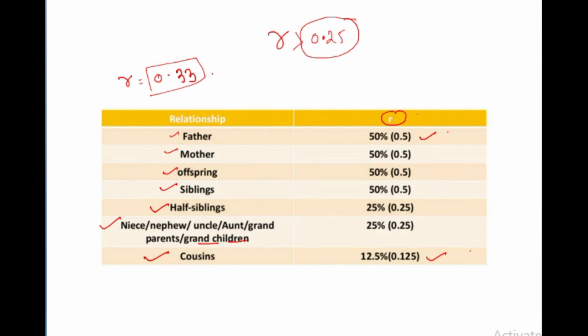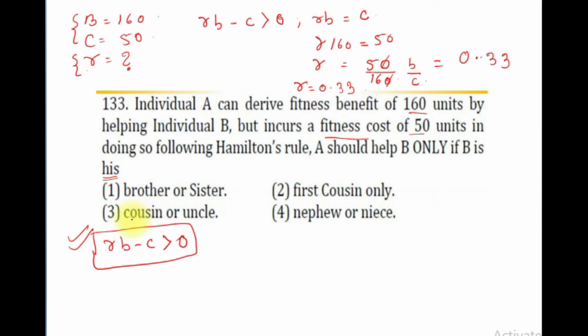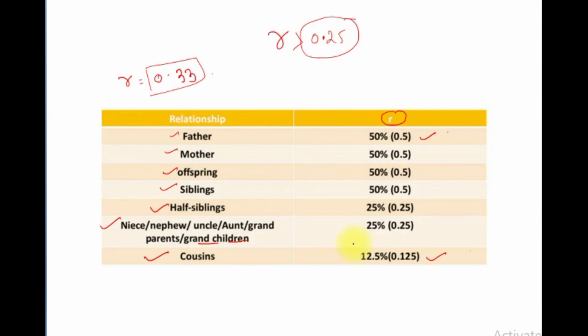Let us see the options given. See, here in the first option we have brother or sister. It is a possible option. Now, cousin, nephew, niece, uncle, aunt shows a relatedness of 0.25.